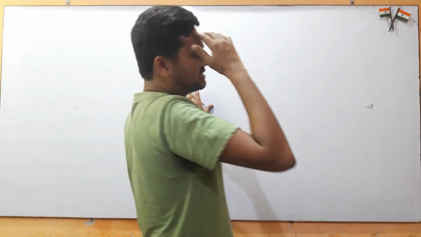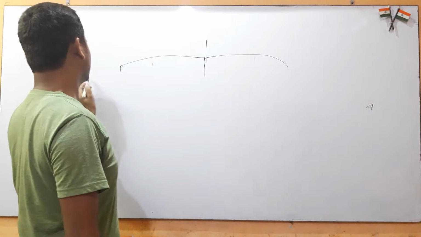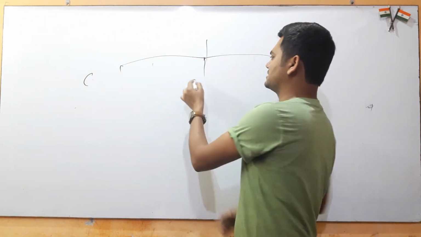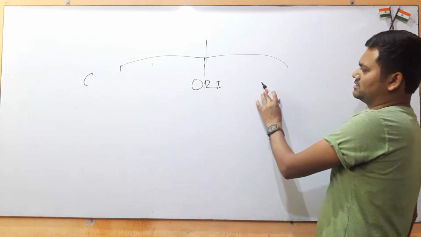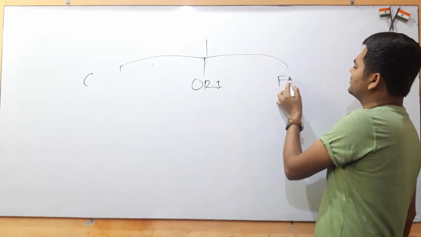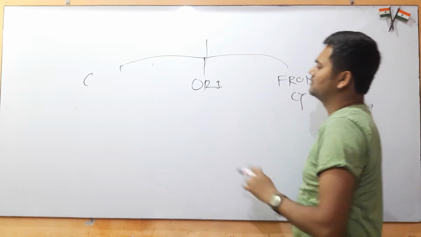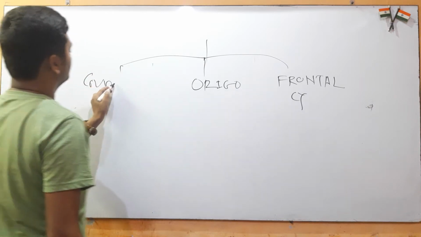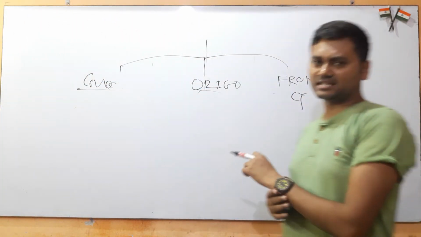As far as rainfall is concerned, there are three types: the first is convectional, the second is orographic, and the third is frontal, also known as cyclonic. So convectional, orographic, and frontal rainfall.